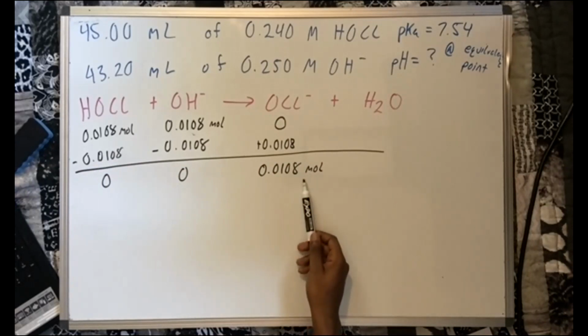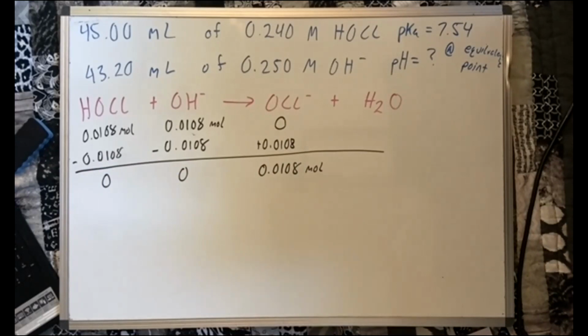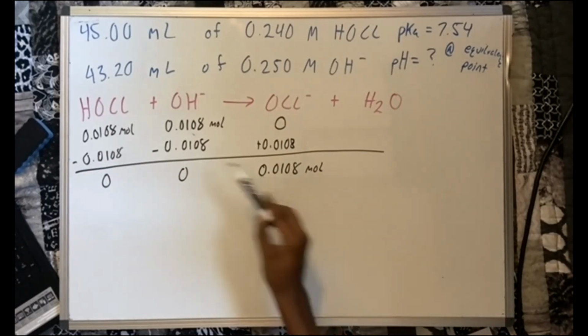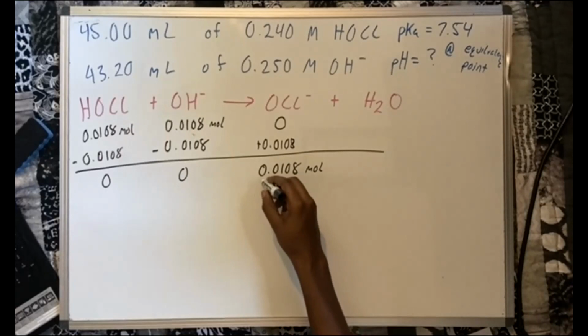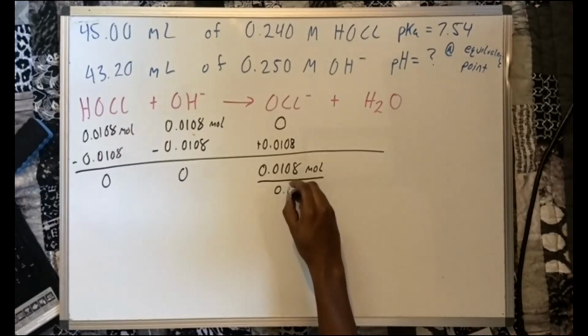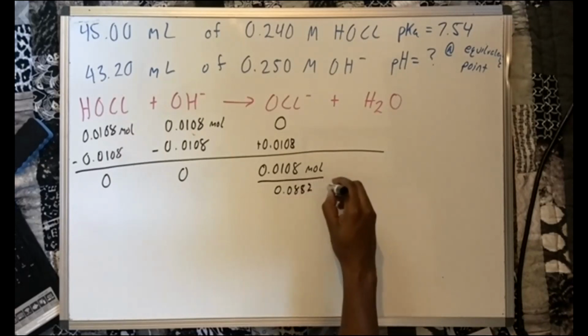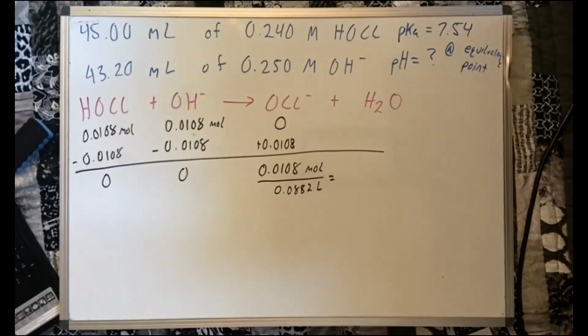So for finding pH, we need concentrations. What are we going to divide this by to get our concentration? Total volume, good. So that's 45 plus 43.2, and I got 88.2 milliliters, so that's 0.0882 liters.